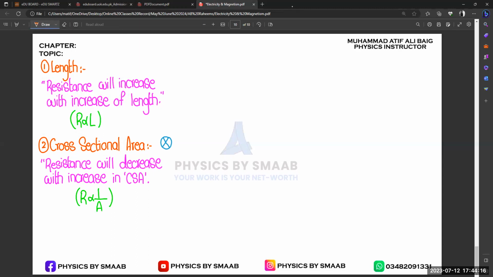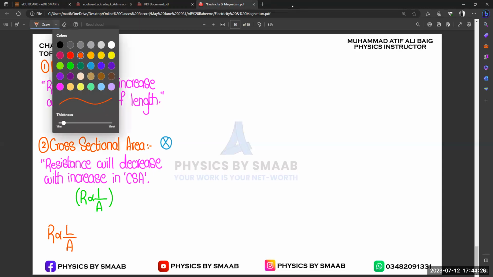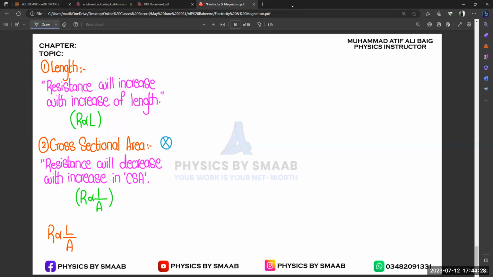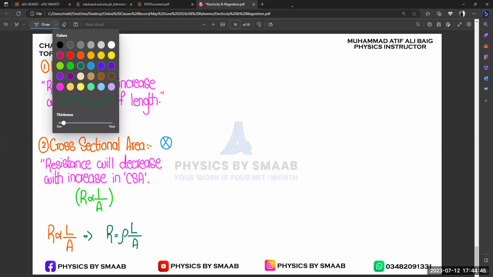When we combine these equations, R is directly proportional to L upon A. What does that mean? If we remove the proportionality sign, your final formula will be R equals rho L upon A. This rho is an inclined P, a different symbol known as rho.